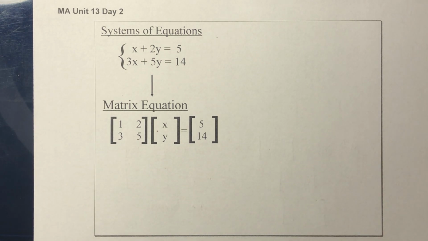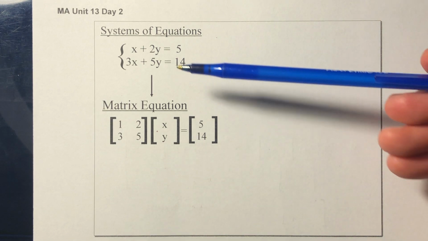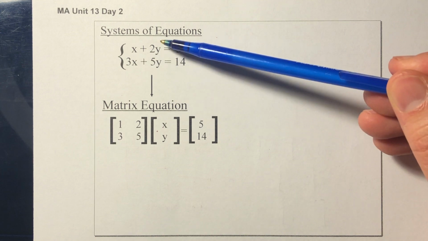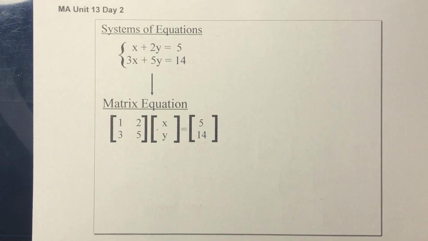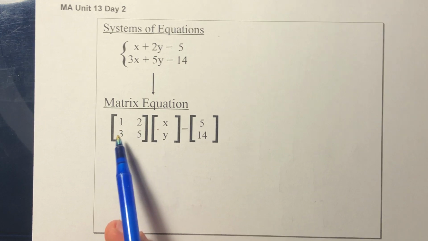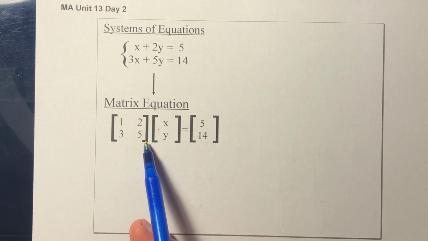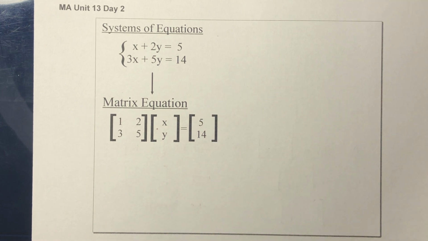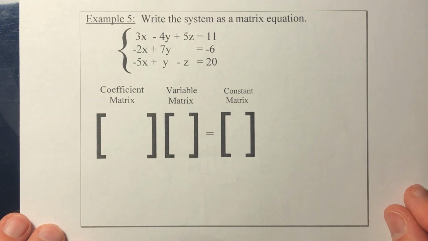Okay, systems of equations, we can do that with matrices. Now in Algebra 1, you probably solved them by graphing, by substitution, by elimination. Here's another way. Now this is just setting it up on this particular slide. Make sure everything's lined up. You've got your X's, your Y's, and the 5 and 14, those are your constants. So we get what's called a coefficient matrix, 1, 2, 3, 5. Your variable matrix is vertical, X, Y, and then your constant matrix.